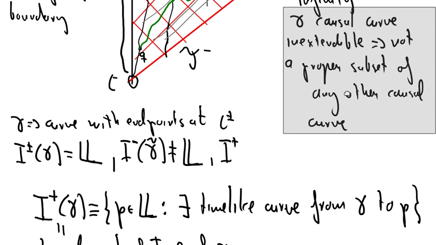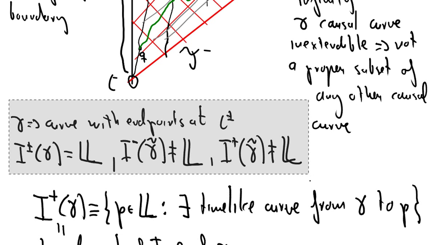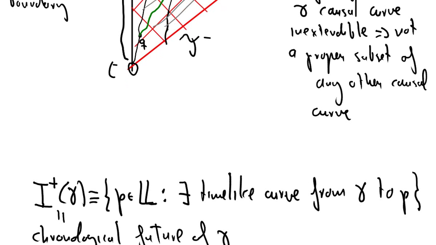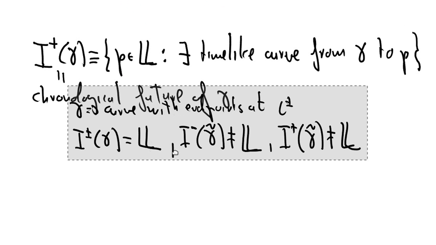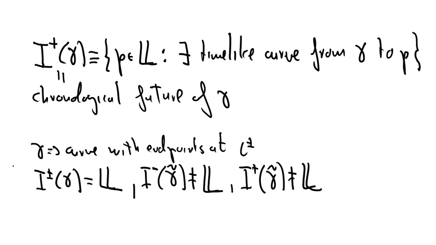So it turns out that when this happens, we say that the curve gamma tilde has a particle horizon.